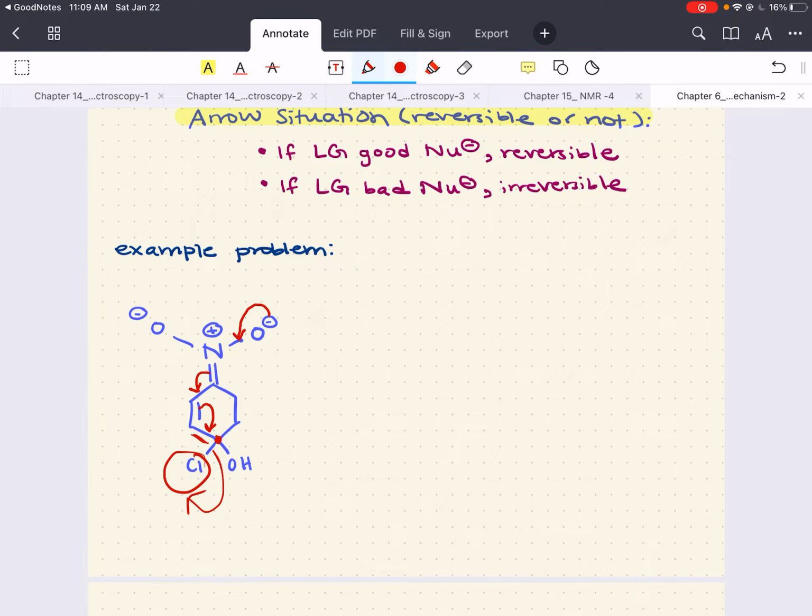So we moved the electron density through the molecule, moving those double bonds to get this position to exceed its octet rule and need to kick off a group. And what we get is something that looks like this.